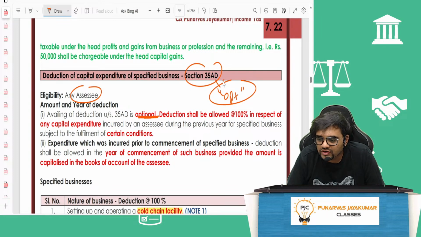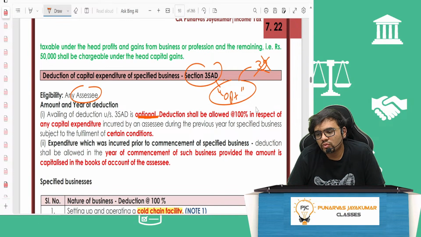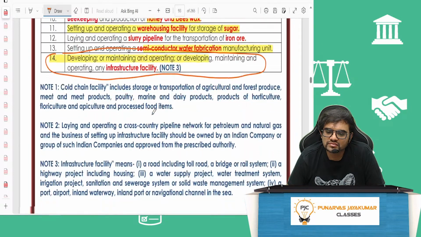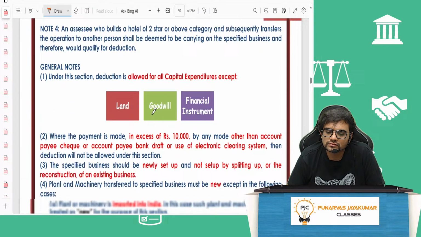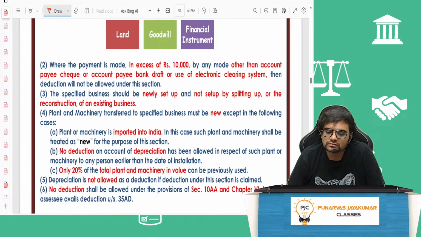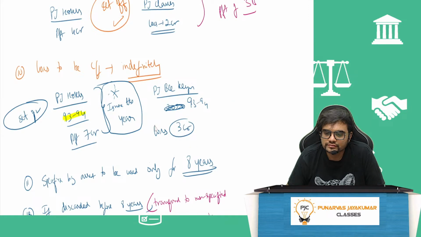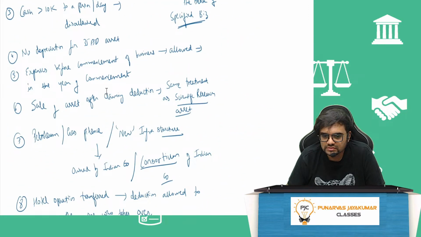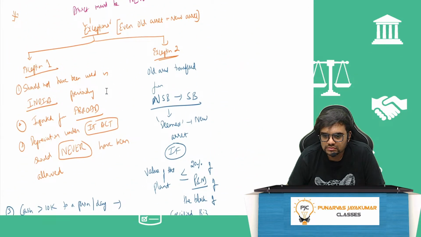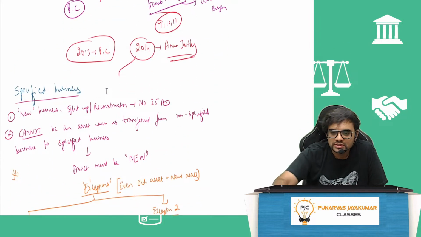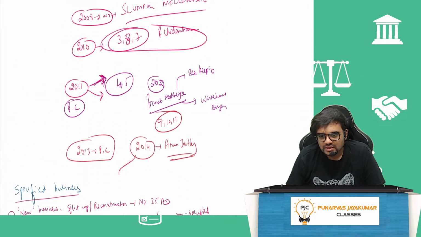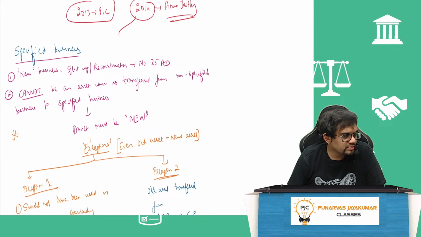If you opt for this, will you get depreciation? No. If you want depreciation, you cannot opt for 35AD. Simple as that. So if you see, specified business should be a new business.